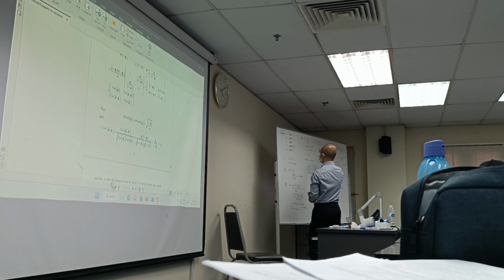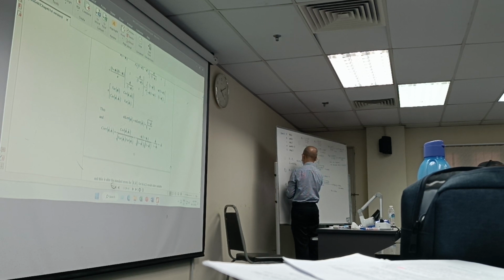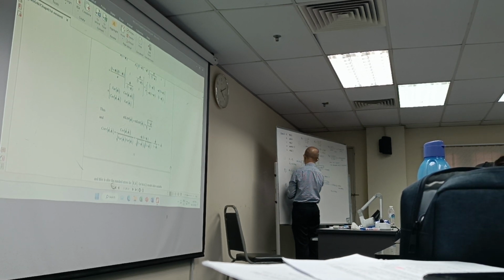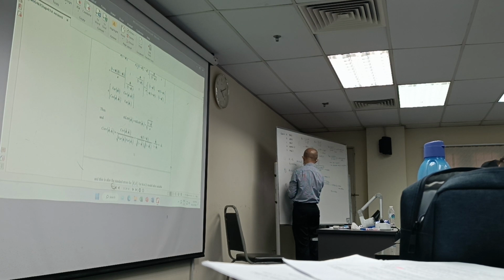For R1, the standard error of phi 1, use this formula: 1 minus phi 1 squared over n, and this is 1 minus 0.820 squared divided by 375, square root. What is it? 0.0296.